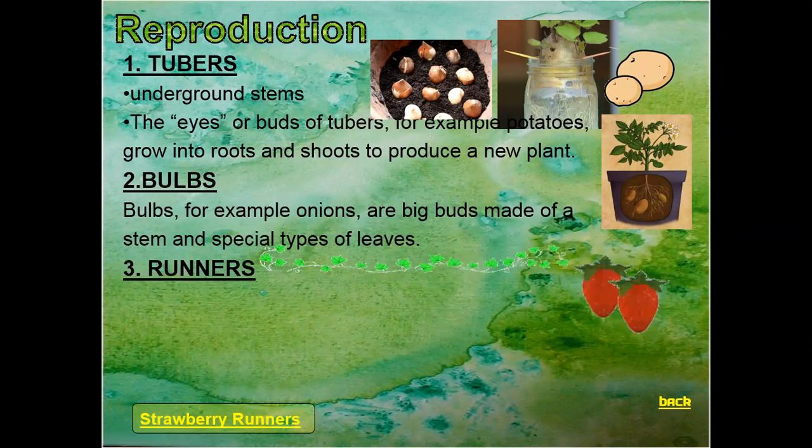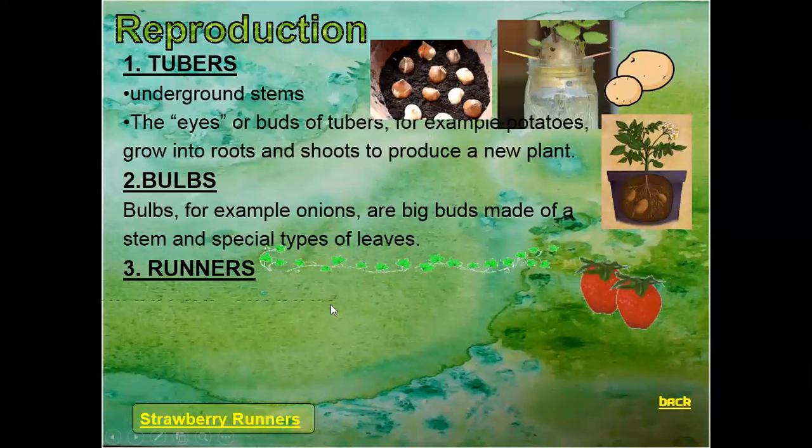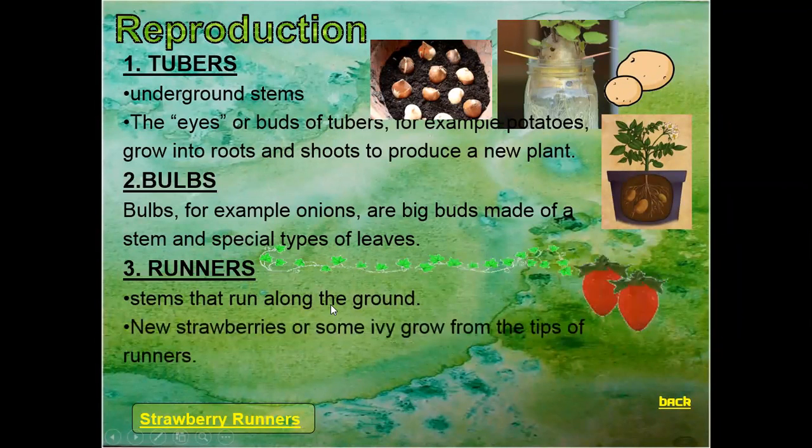The ways for reproduction are tubers, bulbs, and runners. Tubers are underground stems, for example the potato. The potato grows roots and shoots to produce a new plant.